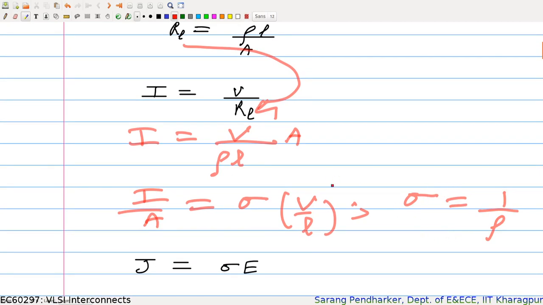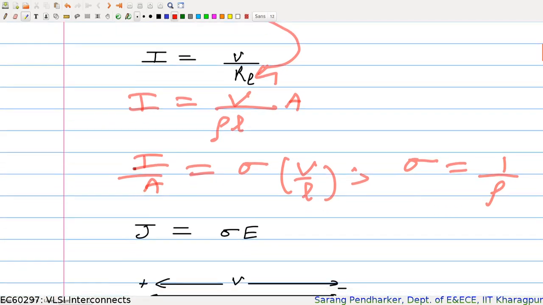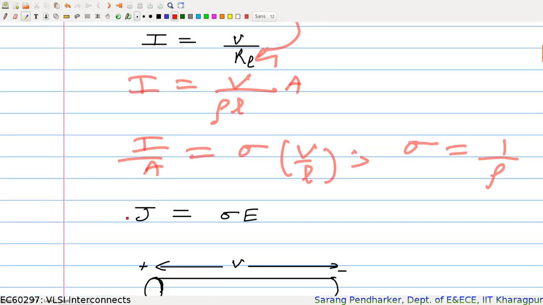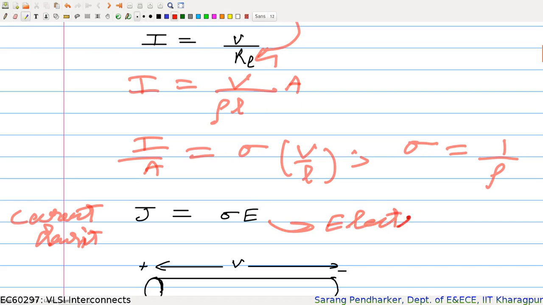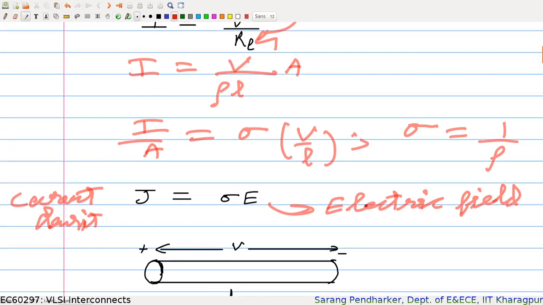Sigma is the conductivity. So the current per unit area is my current density J, and E is my electric field.